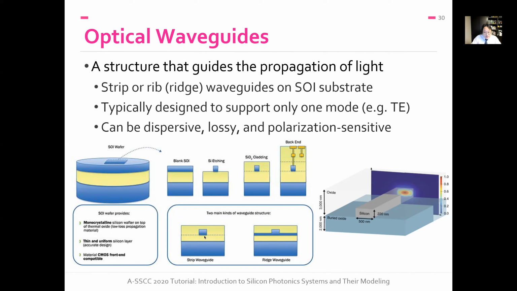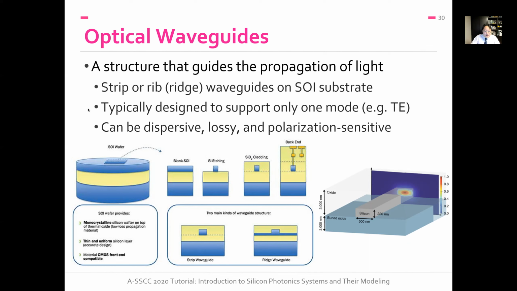You confine a high refraction index material with a low refraction index material. That way, once the light wave is coupled within the silicon material, it gets confined through a mechanism called total internal reflection, right? So the light gets confined there. The only way it can go is along this waveguide.